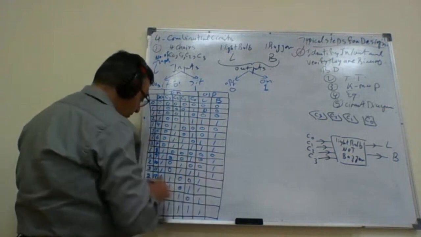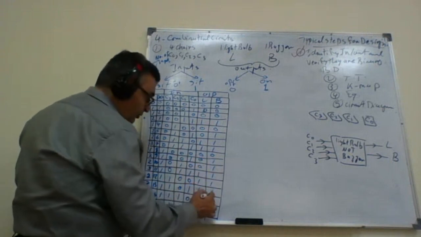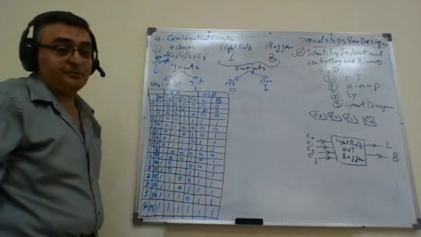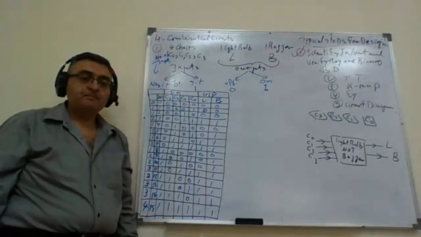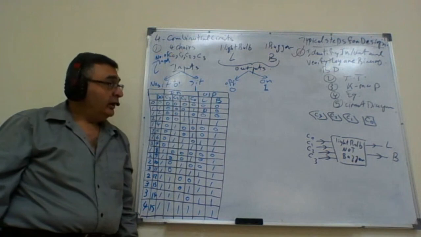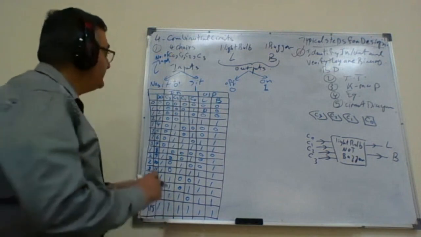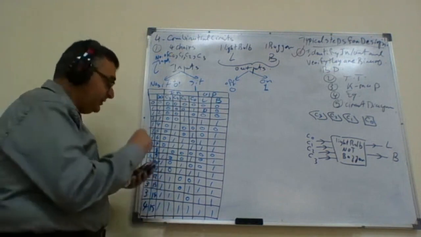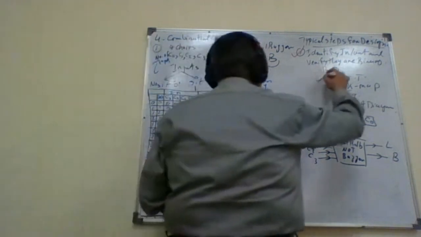All of the rest should be 1s. So I succeeded in getting the second component, which is the truth table of the problem.